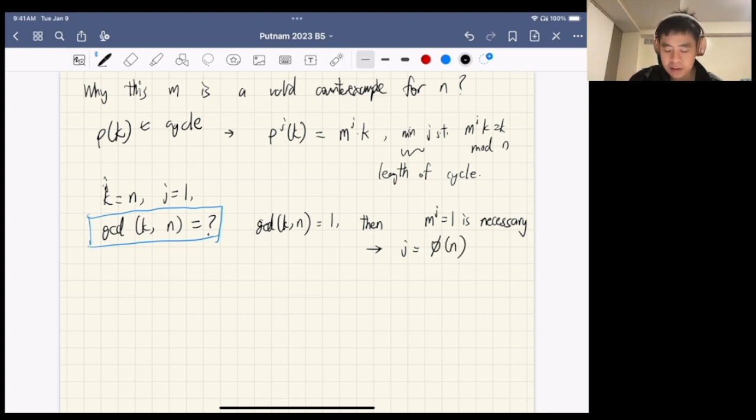Sorry, this is not correct. j is not going to be phi of n, but j is going to be the LCM of phi of p1 to the alpha 1, phi of p2 to the alpha 2, and so on, because m is a primitive root of each of those.